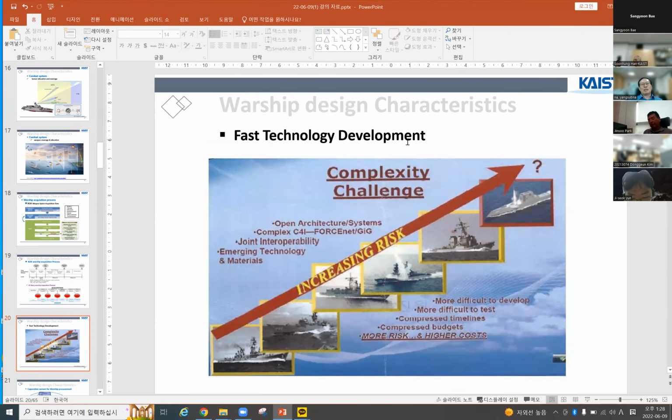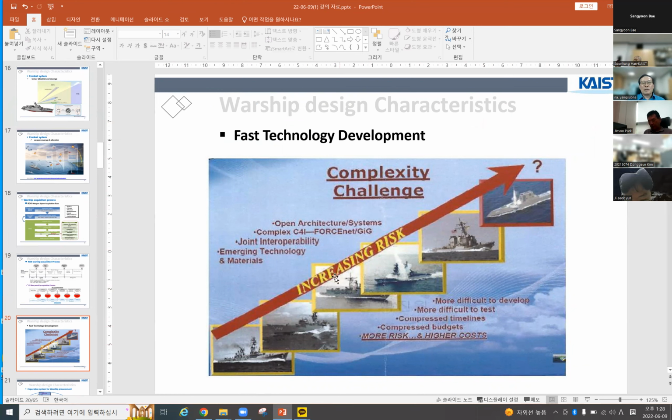And the warship design technology is changing very fast, so complexity changes quickly. As you see, the x-axis is the time, and the y-axis is the complexity. Increasing complexity increases the risk and time.